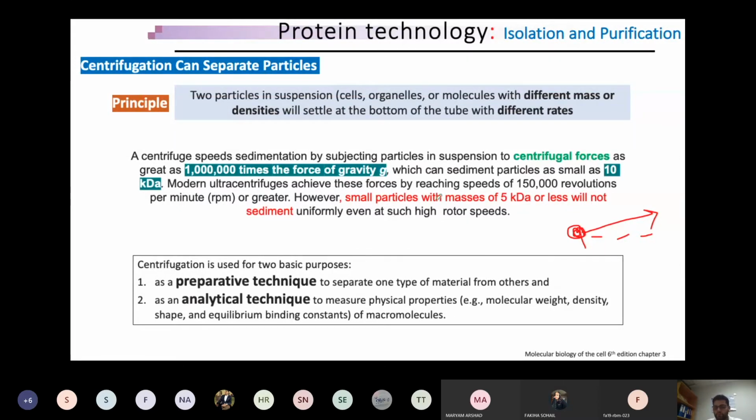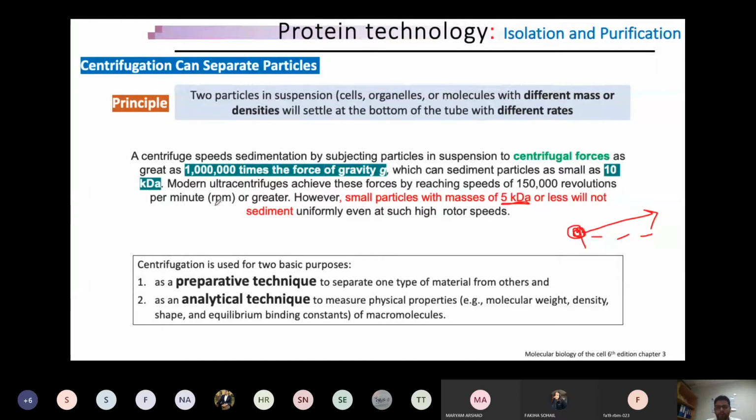So centrifuge, you see, this is another setback. This is another thing. Says only proteins bigger than, say, 10 kilodalton could be separated. Modern ultracentrifuge even could go beyond that limit, and we could maybe run for 150,000 revolutions per minute.